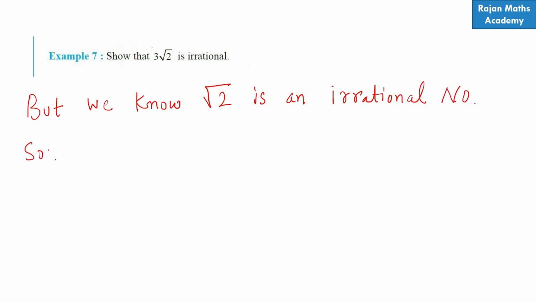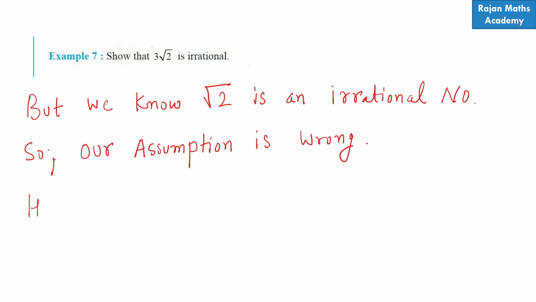So our assumption is wrong. Hence 3 root 2 is an irrational number.